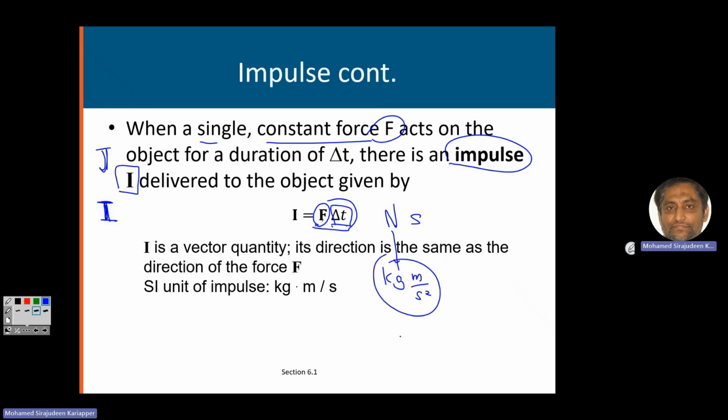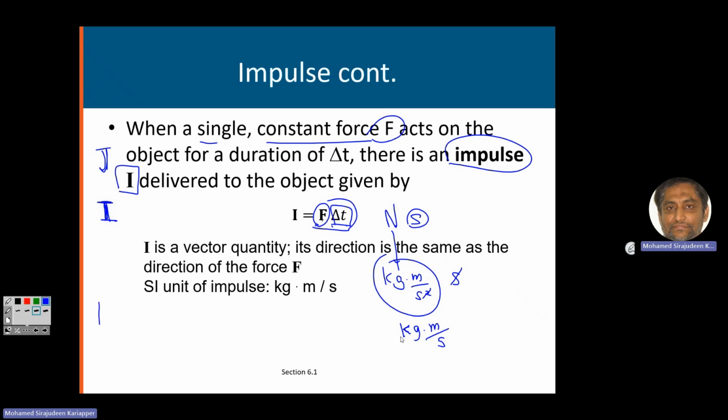Newton is kilogram meter per second squared. And we have a second as well. So the second cancels with one second here. So you figure out the unit for impulse in terms of the basic units is kilogram meter per second. One second cancels.